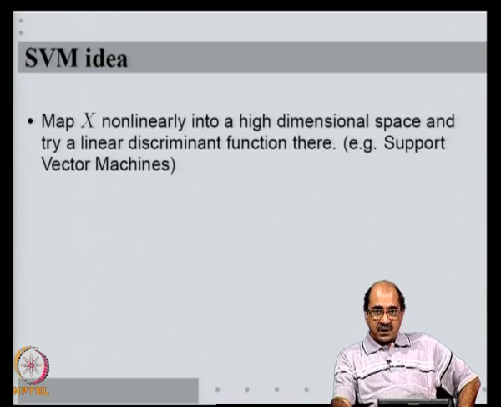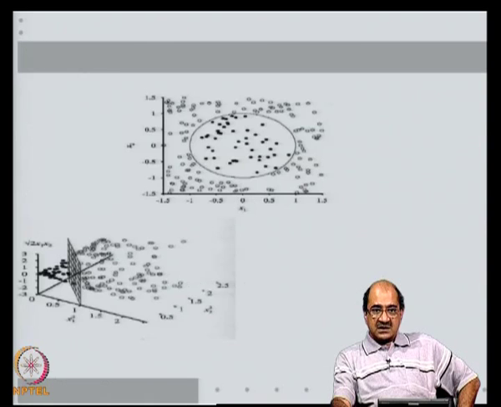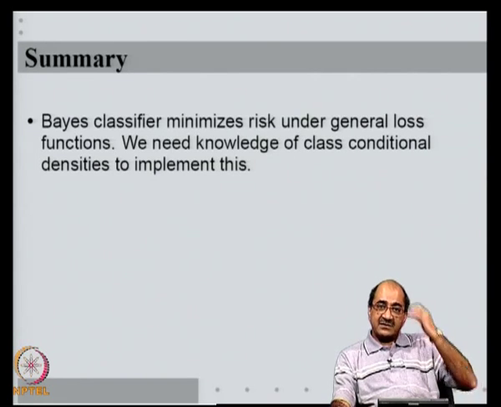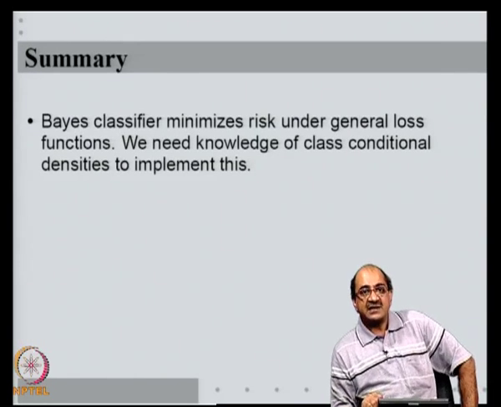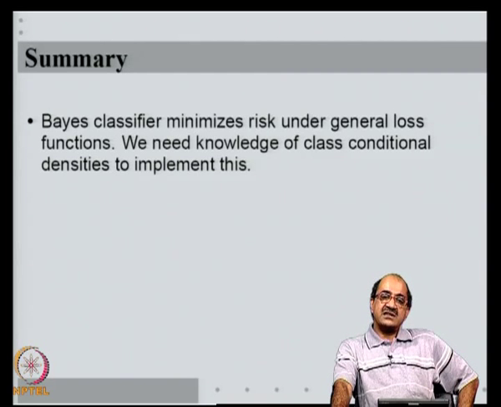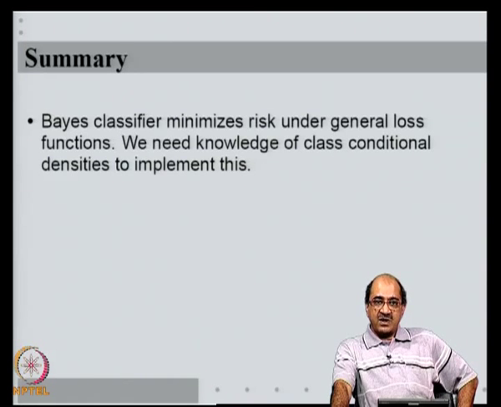Let us summarize our discussion so far. The Bayes classifier minimizes risk under any general loss function. Given the knowledge of class conditional densities, no other classifier can do better than this. We have seen the optimality of the Bayes classifier in the simple case of minimizing probability of error.